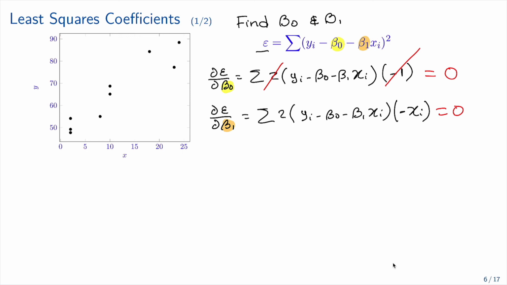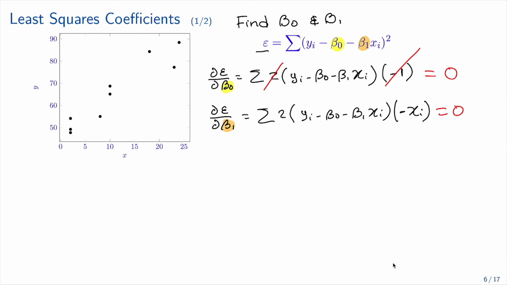Apart from that, all of this term must be equal to 0. The same thing in the second case: we can cancel the negative and the 2, but we have to multiply xi by every single one of these terms. So let's proceed.